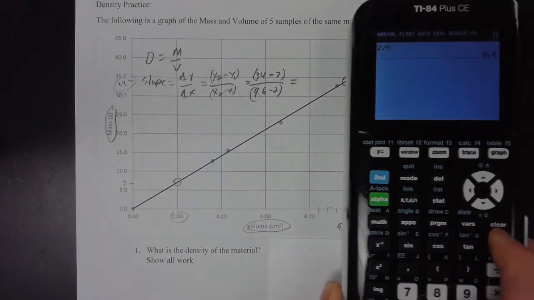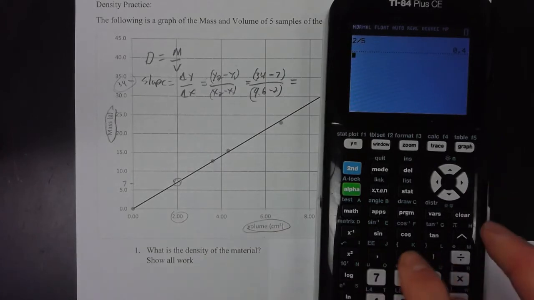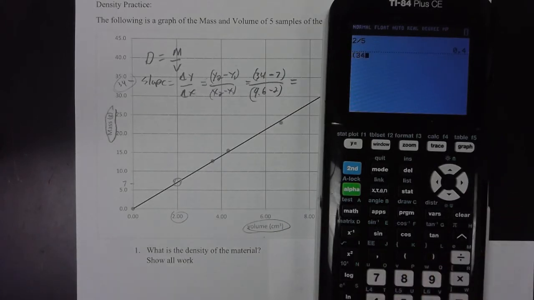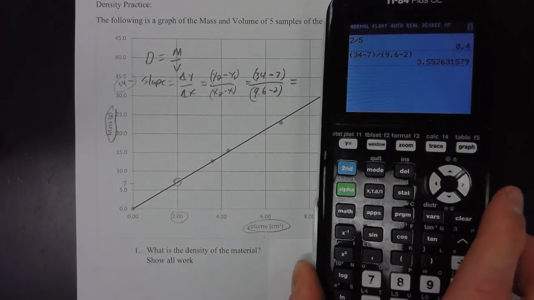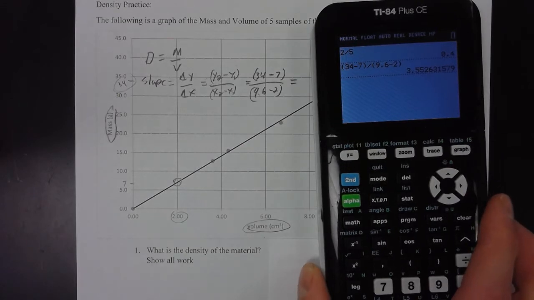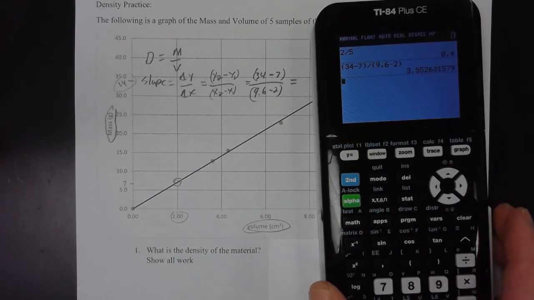So we're going to plug all that in here: parenthesis, 34 minus 7, divided by parenthesis, 9.6 minus 2. Looks good. Enter. We get 3.555. So we want to round that to the appropriate number of significant digits.